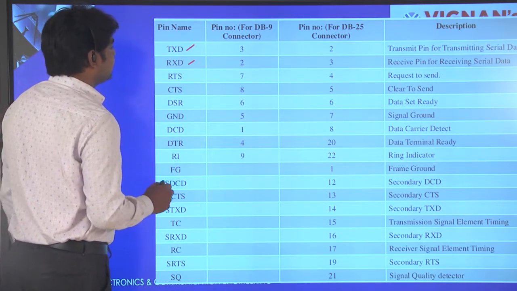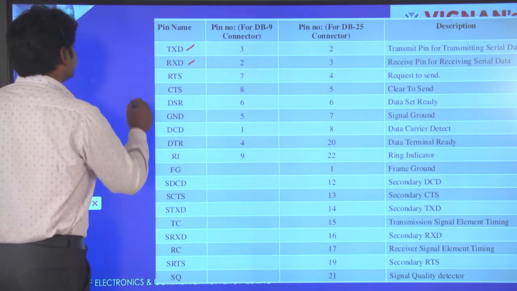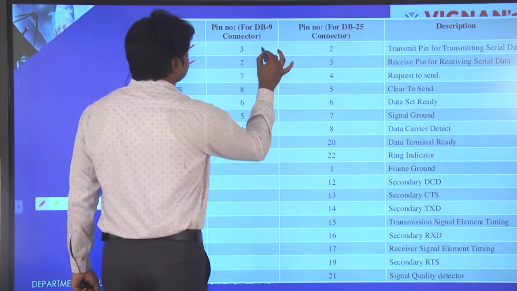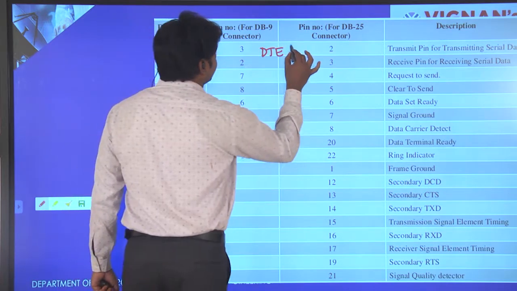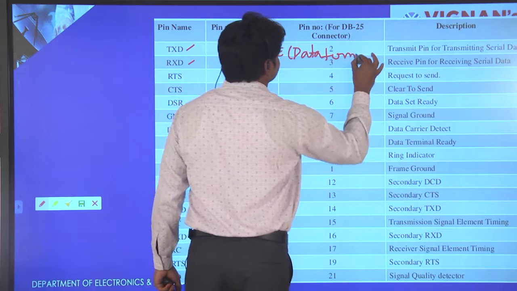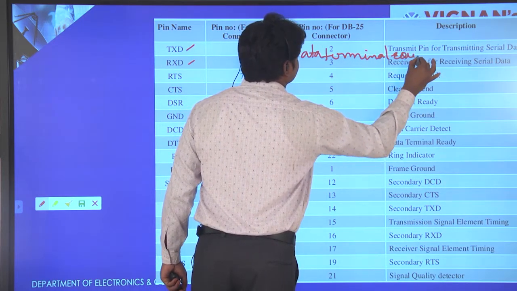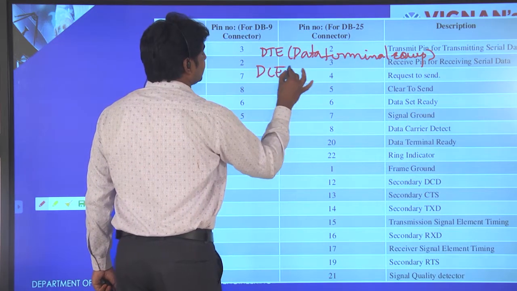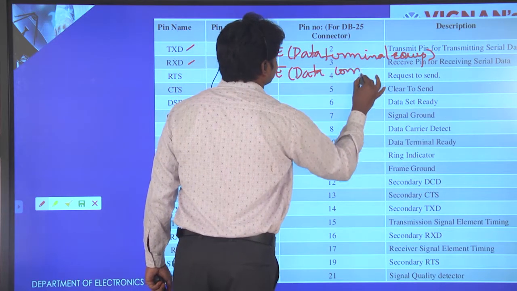The devices which are connected to RS-232 can be categorized into two types. They are DTE, which means data terminal equipment, and DCE, called data communication equipment.